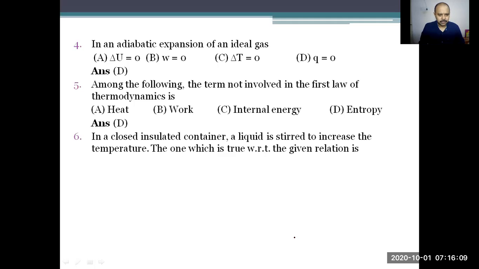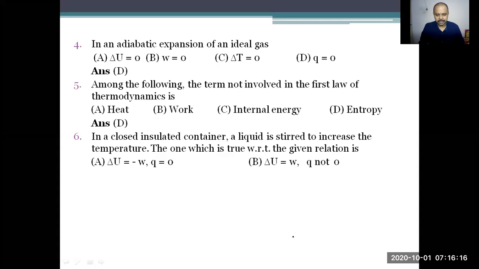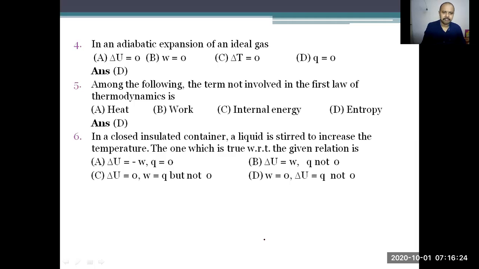Sixth one. In a closed insulated container, a liquid is stirred to increase the temperature. The one which is true with respect to the given relation is. So look at the conditions.